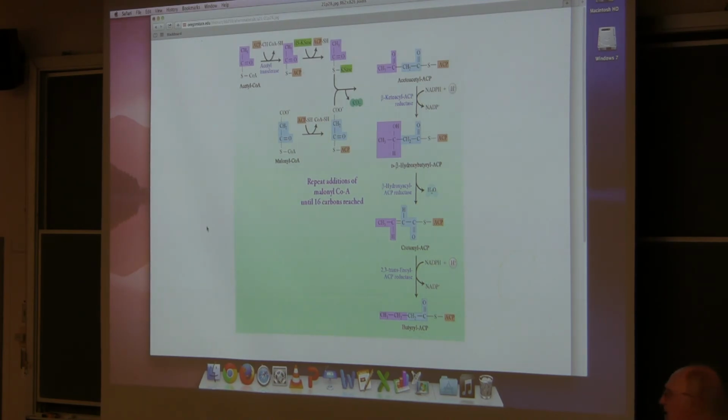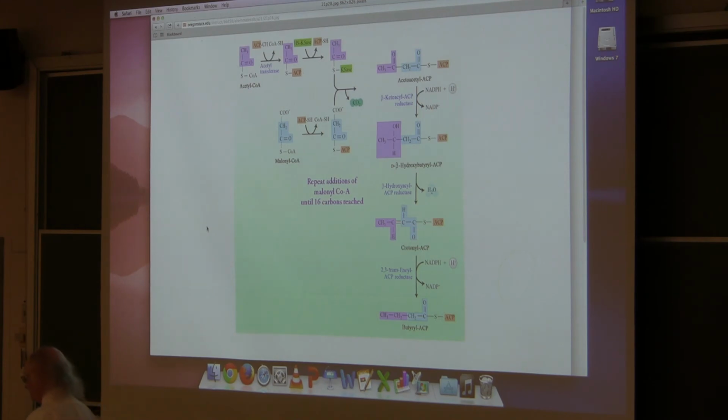In fatty acid oxidation, to get to that hydroxyl, we had to add water across a double bond. In fatty acid synthesis, we're going to pull water out and make a double bond. And that's the next step. Pulling water out and making a double bond, and yes, that double bond has a trans configuration, just like fatty acid oxidation did.